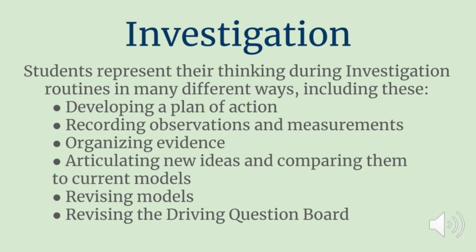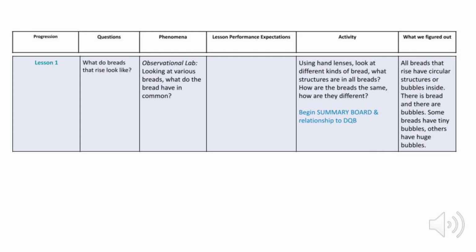Let's take a look at how this investigation process might happen. We're going to start with an observational lab. We're going to look at a bunch of breads, and we're going to try to generalize to say, what do all those breads have in common?